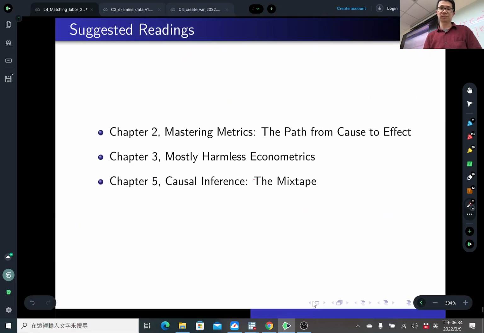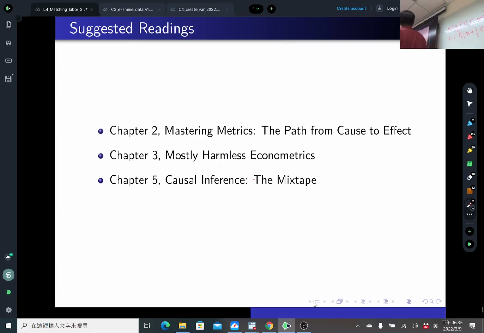Okay, so if you want to know more about matching, you can read chapter 2 of Mastering 'Metrics, chapter 3 of Mostly Harmless, and chapter 5 of Causal Inference: The Mixtape. So you can pick one book to read. If you have to pick one of the books, which one would you pick? I guess this book. But this is written by a Nobel Prize winner.